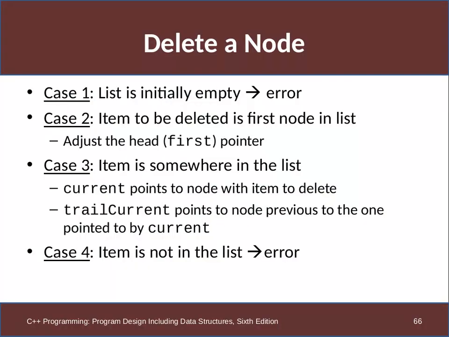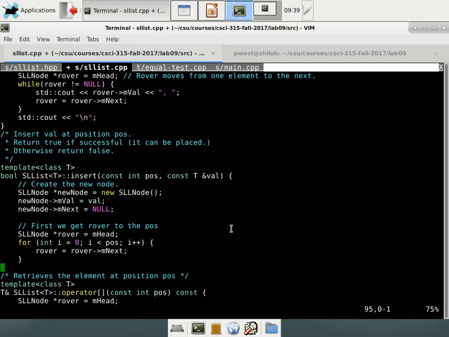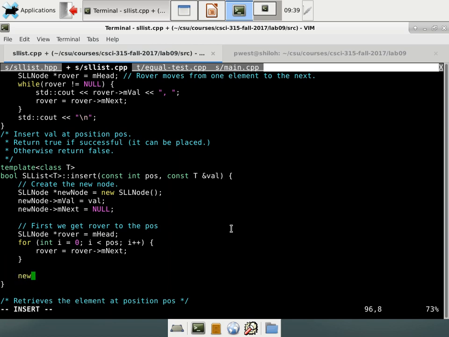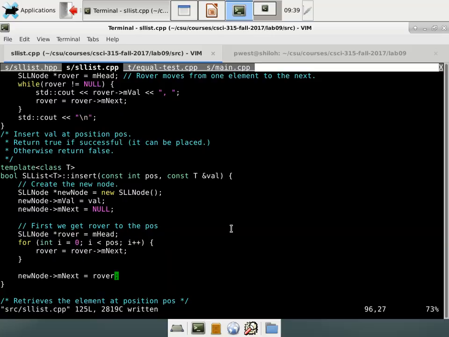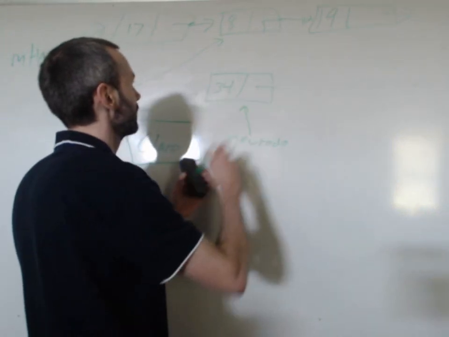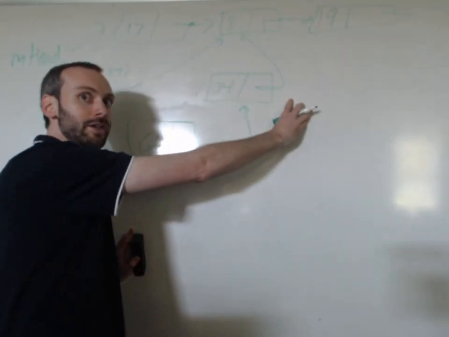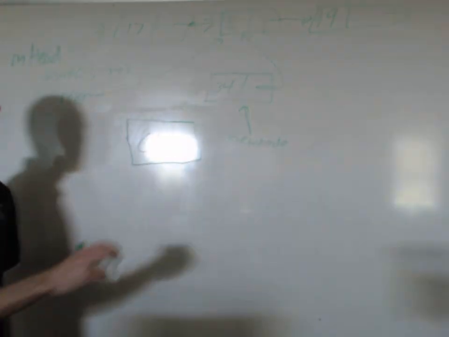Which is rover. All right, so let's do that first, because that should be a low-hanging fruit. All right, so then that's going to update this link to go here. All right, that's good. Good so far.